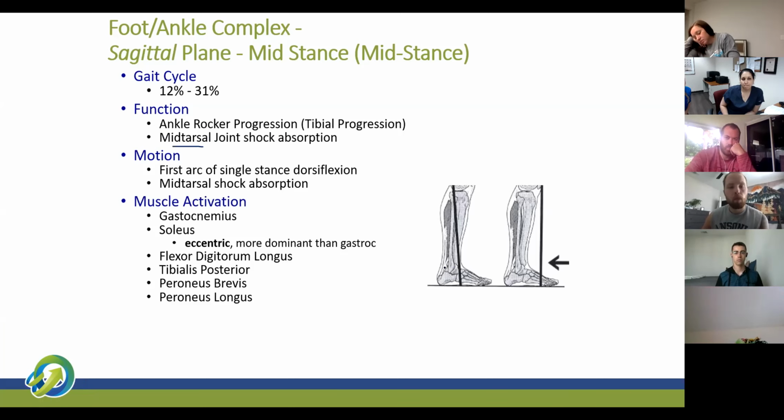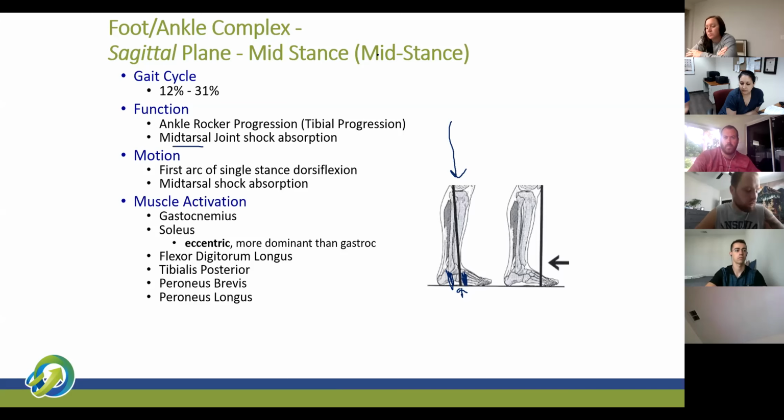We had shock absorption of mostly the hind foot in loading response, and now we have shock absorption in the mid-tarsal joints, since that's basically where all of our body weight is being borne. It's also where the ground reaction force is passing through the joints. So that's what's absorbing shock in mid stance.